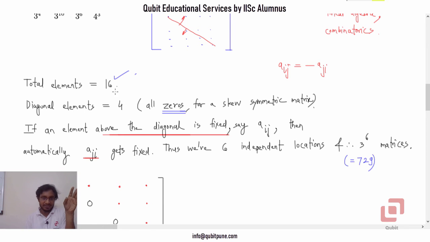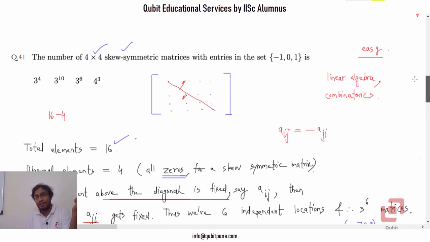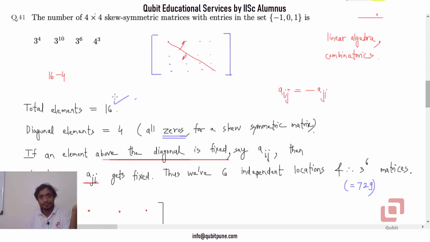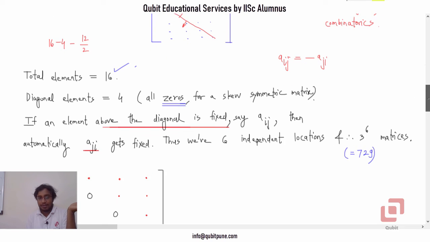See, originally there were 16. We had to get rid of 4 of them because the diagonal elements were always 0. So we can't make a choice here. And then remaining were 12, but even out of 12, 6 were dependent on the other 6 because of the property of skew-symmetric matrices.